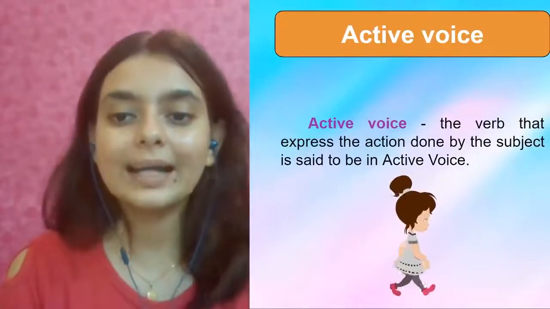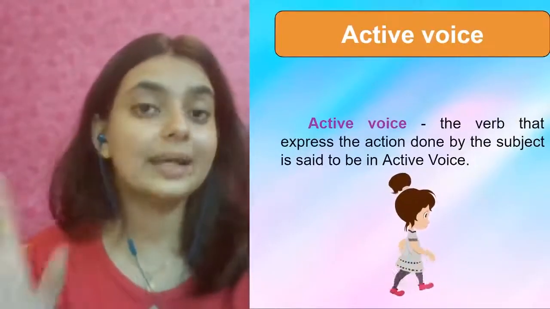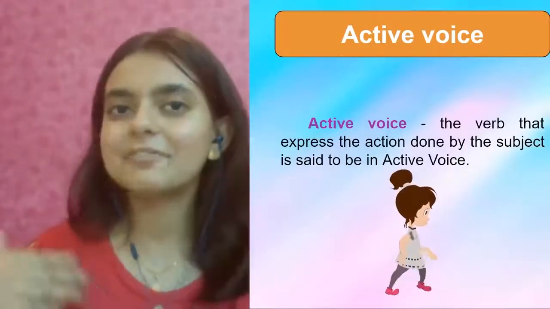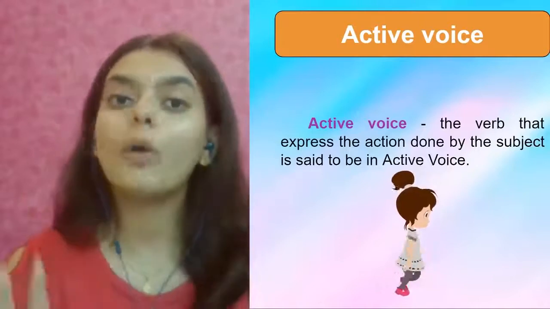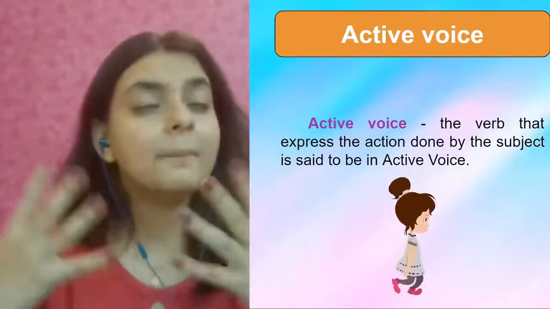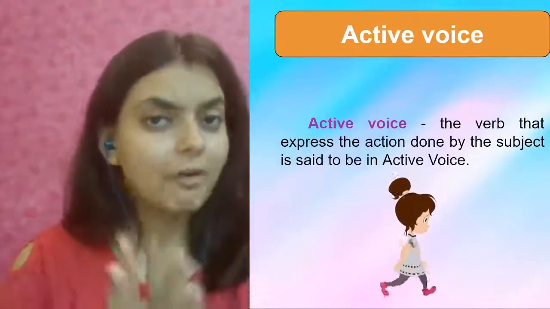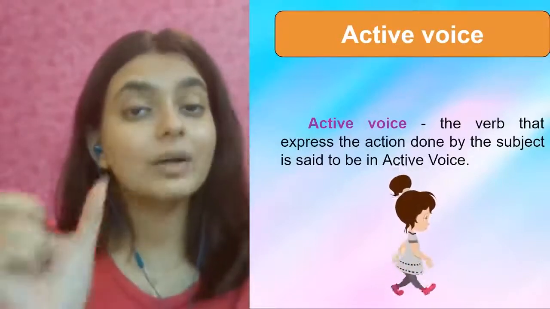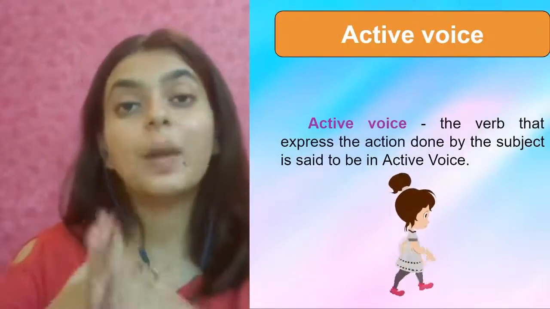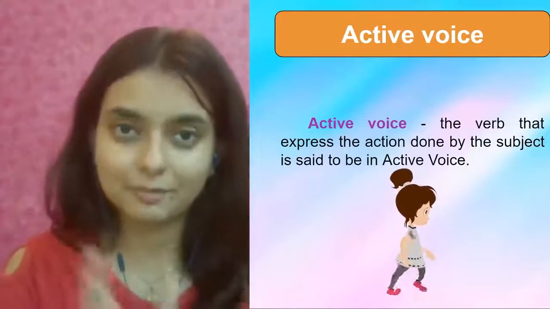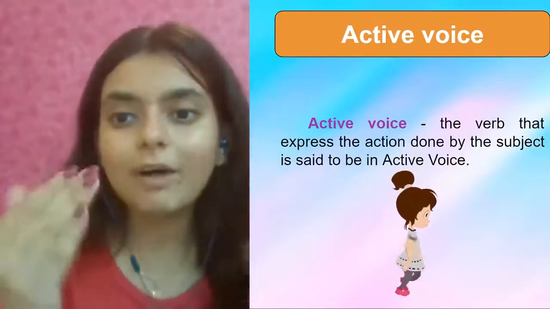Further moving ahead, let us see what an active voice is. There are two types of voice, active and passive. Every time, try to go by the words. The meaning or the definition will be hidden in the word itself. For example, active voice: you have the word active. Just remember, active voice is where the subject is active, meaning the subject is the doer of the work.